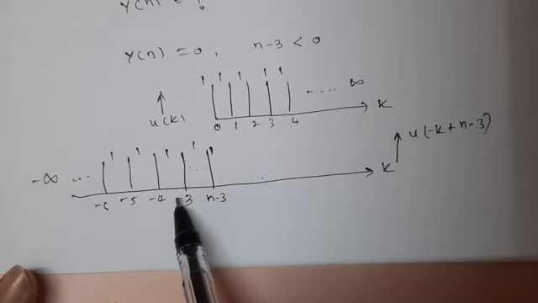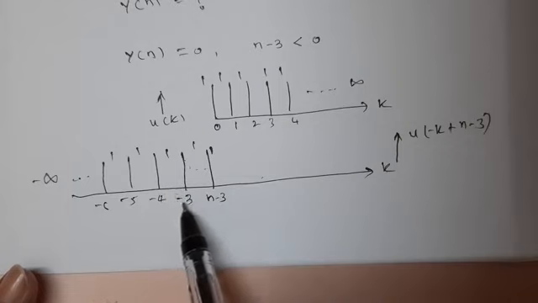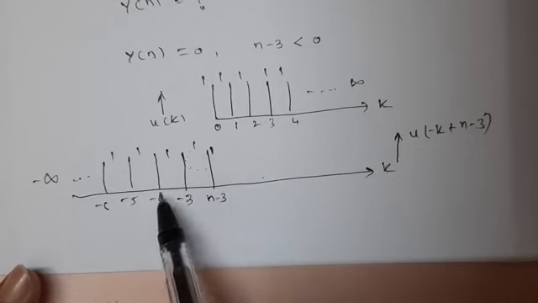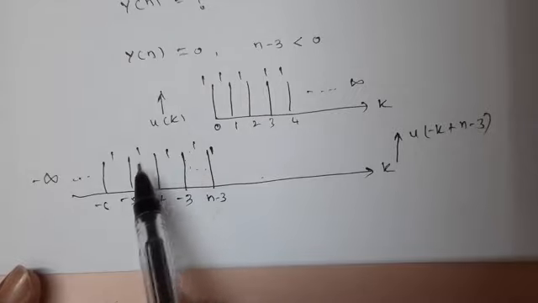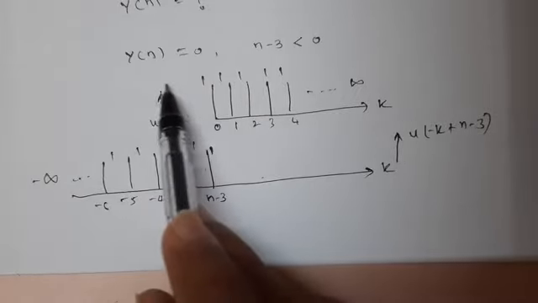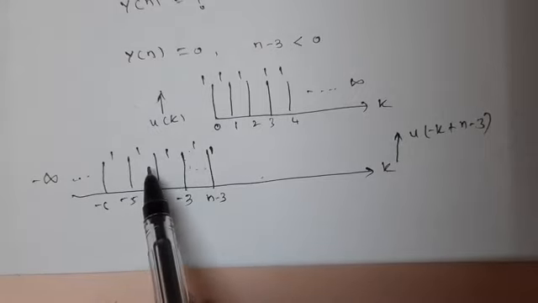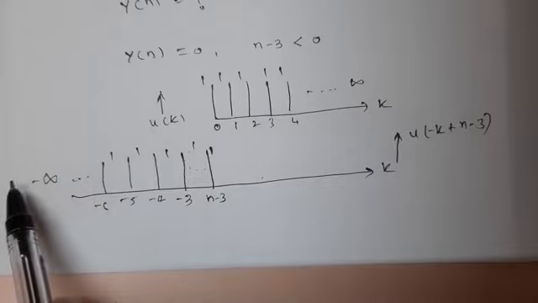Similarly, at minus 3, for u of k I don't have any values, but for u of minus k plus n minus 3 I have a value, which is 1. At minus 4, I don't have any value for u of k. So again I don't have any samples for u of k, but I have samples for u of minus k plus n minus 3 for all values towards minus infinity.